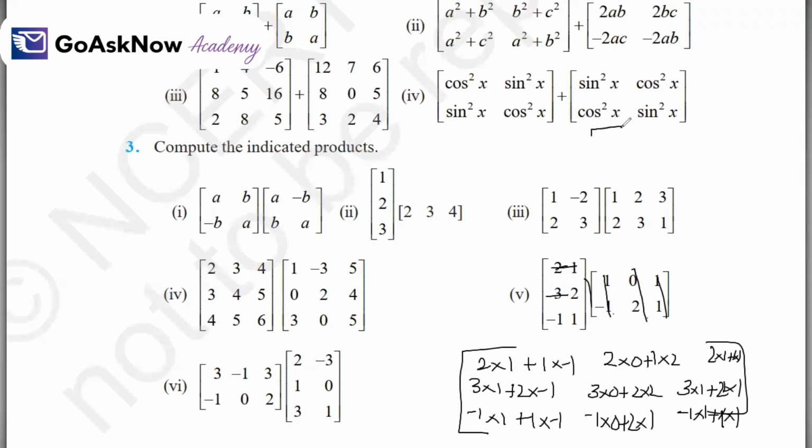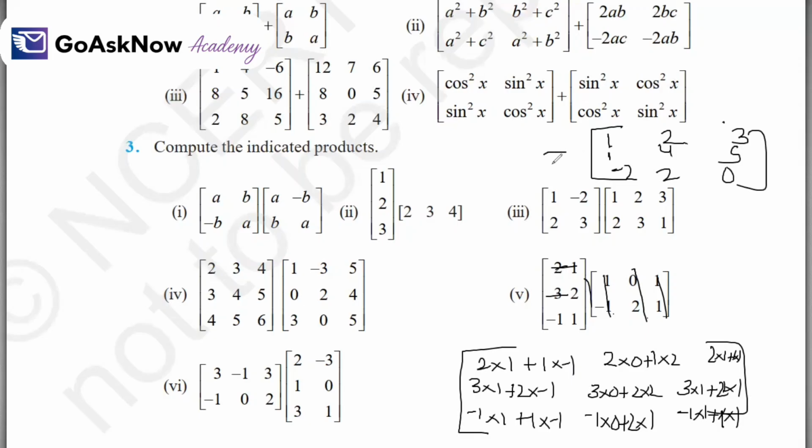After doing the addition, you will get 1, then 2, then 3, 1, 4, 5, minus 2, 2, 0.